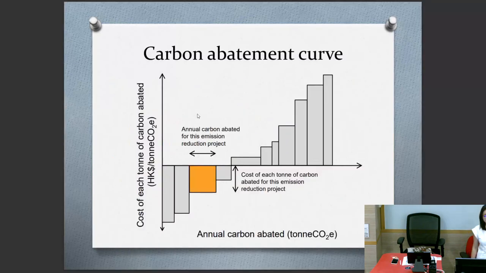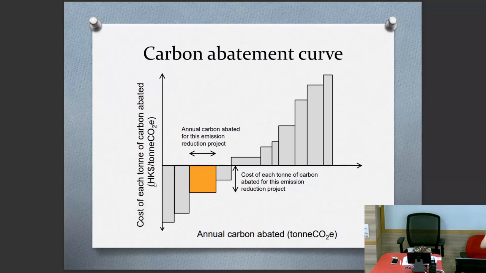So the carbon abatement curve will be something like this. The pattern would be something like this. In the y-axis, it is the cost of each ton of carbon abated. It means if you want to reduce 1 ton of carbon dioxide equivalent, how much do you need to spend?